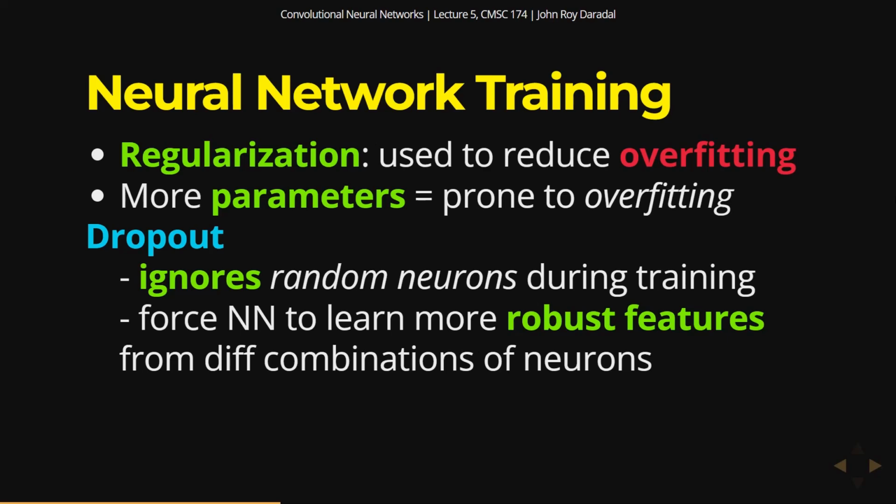Because you want to force the neural network to learn more robust features from different combinations of neurons and not over rely on just one neuron or 2 neurons. So in the case that those neurons become ignored or dropped out, then the neural network will be forced to look for other alternative features. Okay, so usually we choose the dropout rate ranging from 0.2 to 0.5, meaning 20% of the nodes to 50% of the nodes would be dropped out.